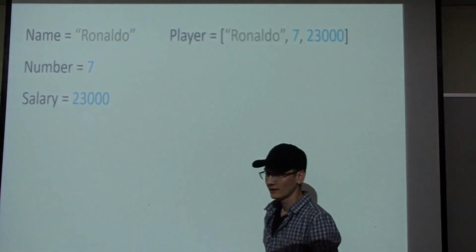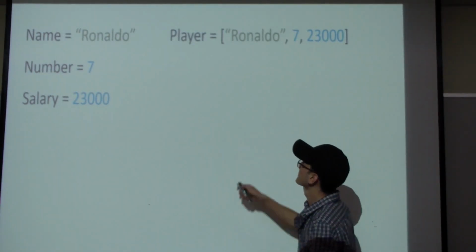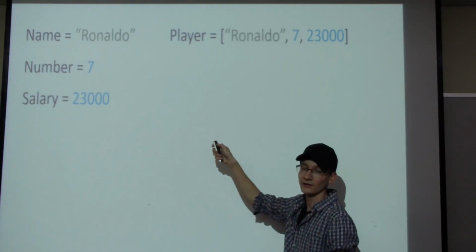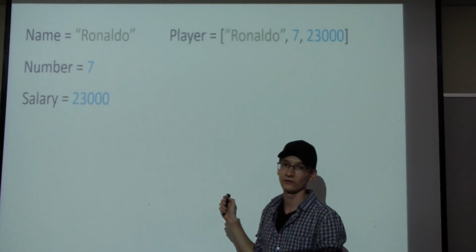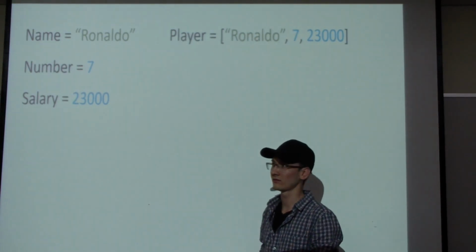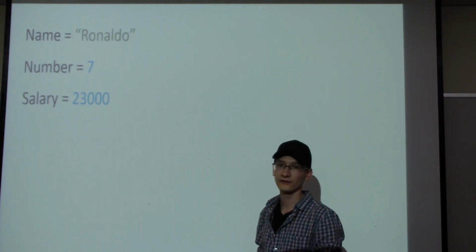So, in order to create a list, we should first write its name, and you can give any name, not only player. You can write anything, player or anything else, word, beautiful, camera.